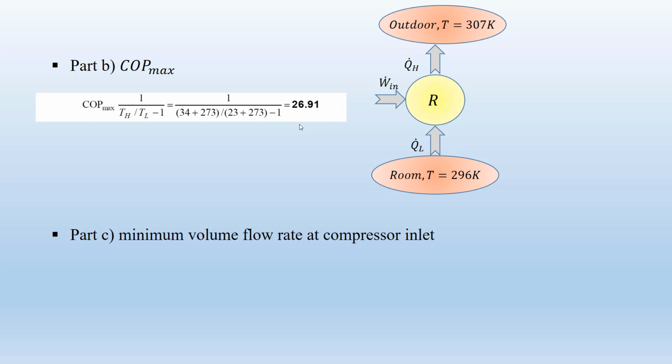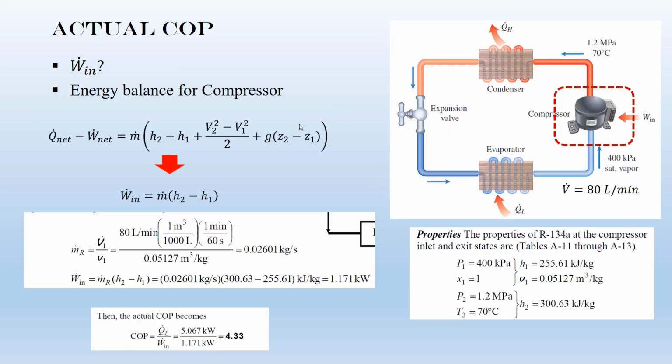You already determined the volumetric flow rate, but that volumetric flow rate is not the minimum one. Look, guys, you are able to calculate m dot by using this energy balance equation.